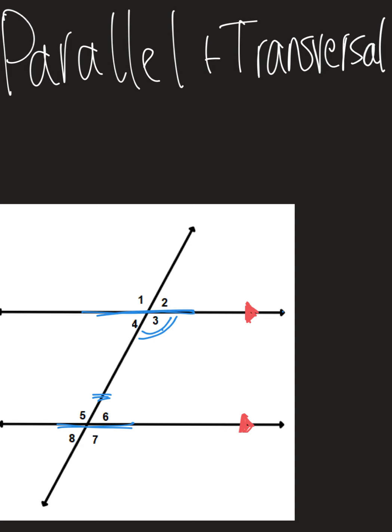So we're between these two things, okay? Now, alternate is going to be on the other side of the transversal. So alternate interior means I'm going to have 5 and 3, okay? Because they are both inside the parallel lines and on opposite sides of that transversal line, the line that cuts through, okay?